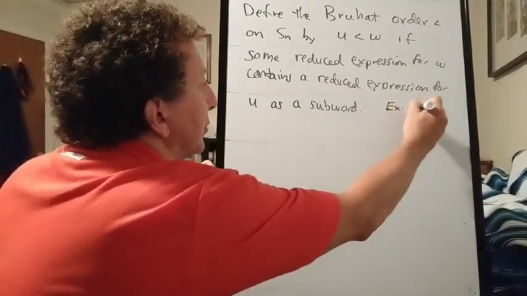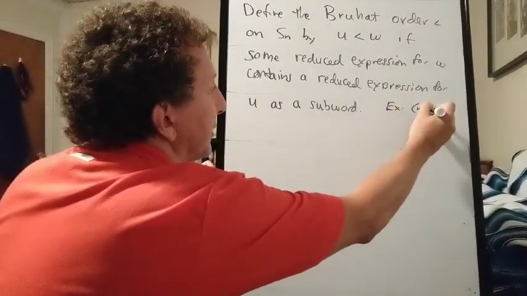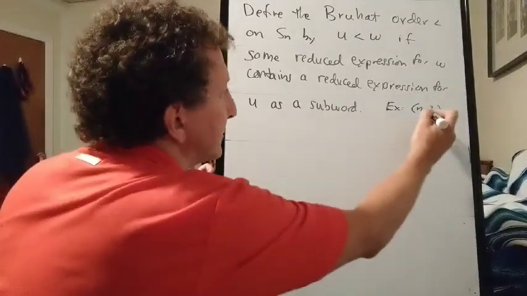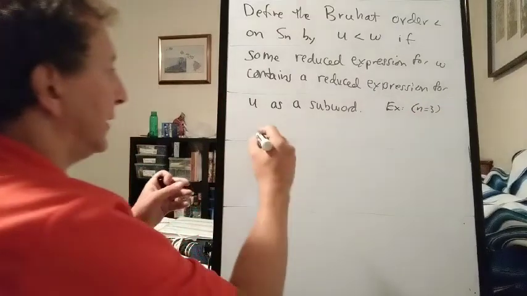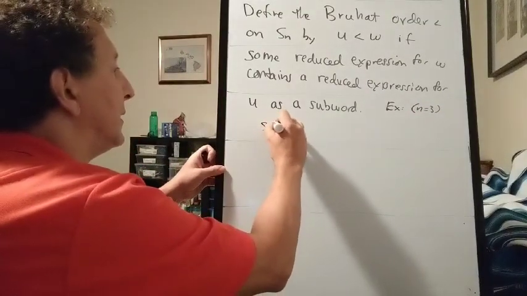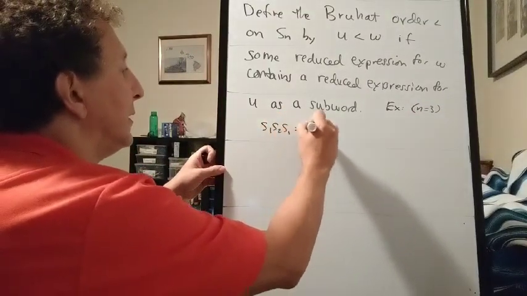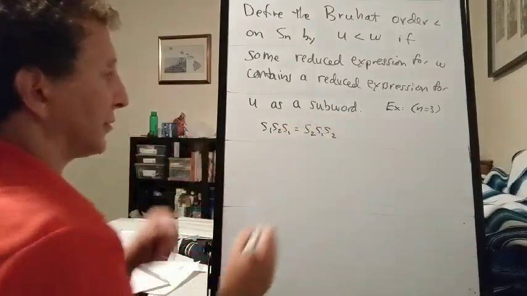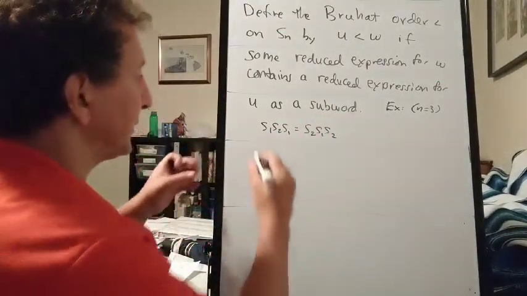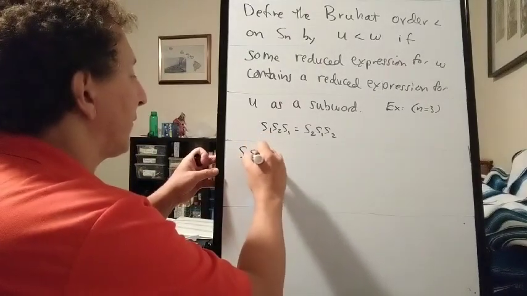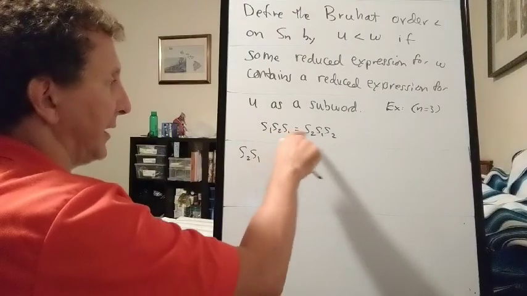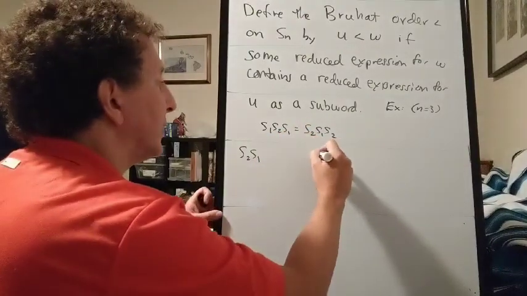So for example, if we look at the symmetric group S3, we have the longest word S1, S2, S1, which is also S2, S1, S2. S2, S1 is a subword of that and also of this.